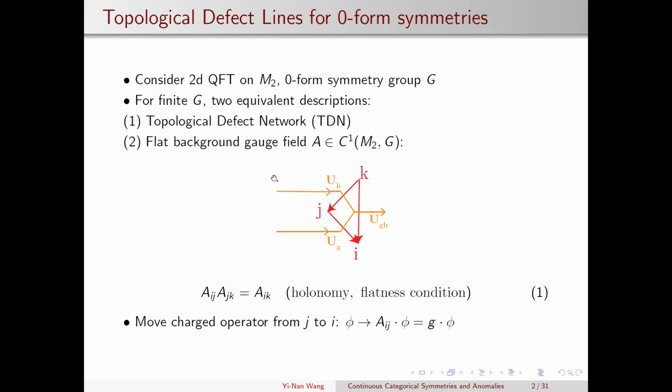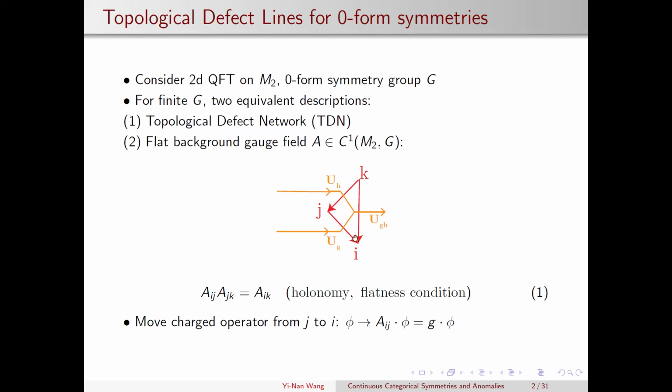For finite group G, this TDN also has an equivalent description as a flat background gauge field A taking values in the group G. Basically, you can cut the whole 2D spacetime into three regions that are labeled by I, J, and K.